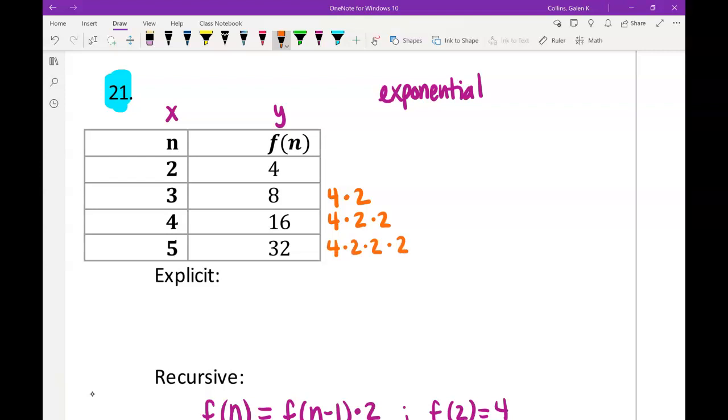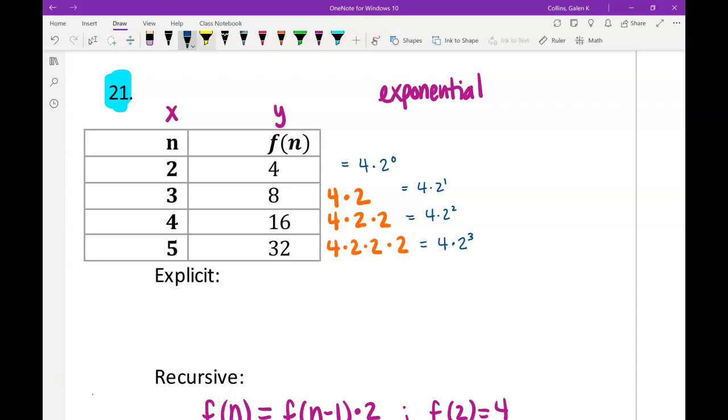So as I go to generalize these, I'm going to condense this into exponential form. This is 4 times 2 to the 3rd power. This is 4 times 2 squared. This is 4 times 2 to the 1st power. I'm starting to see a pattern with these exponents. So is it true that this is 4 times 2 to the 0 power? Yes, because 2 to the 0 power is 1 and 4 times 1 is 4.